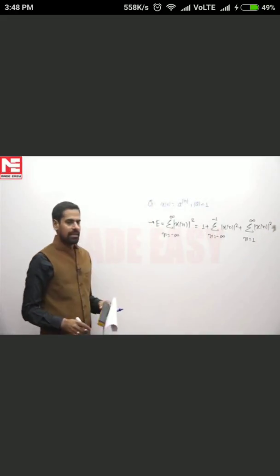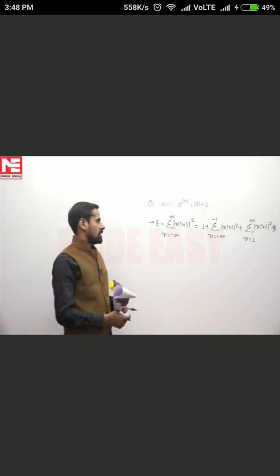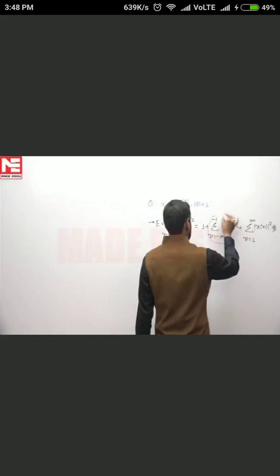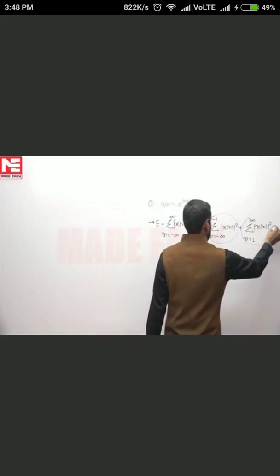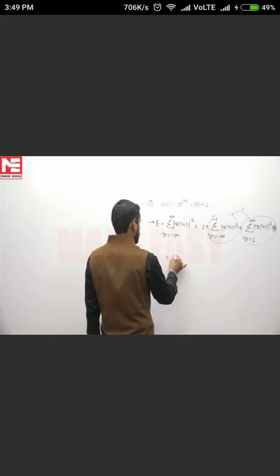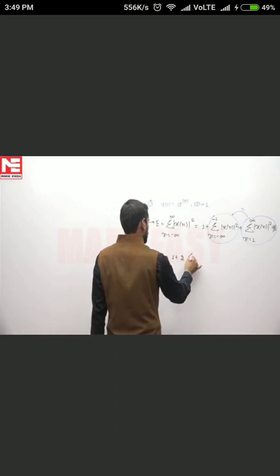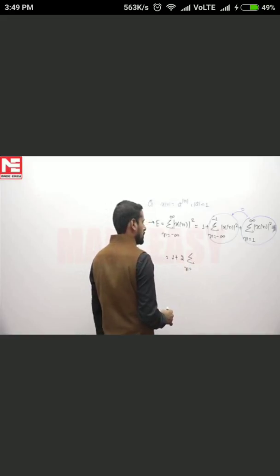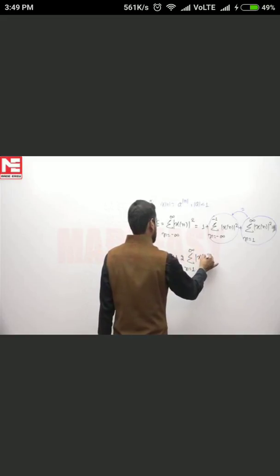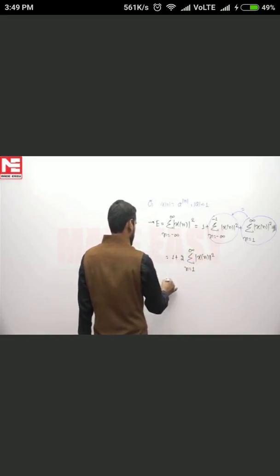Signal xn is an example of an even signal, and if this signal is even, then these two summations will be same. So these two terms are same. So we can write down in this way also, 1 plus 2 in bracket 1 plus 2 into summation 1 to infinite mod xn square.